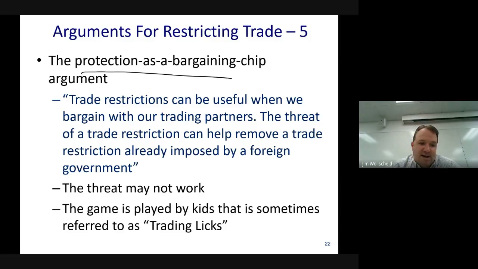And since you don't like that I'm doing that with you, we have this back and forth of no one's going to trade with anyone. We do this a lot. We do this through what sometimes they refer to as sanctions. Now, this protection as a bargaining chip, as a way to do international business, is a game I typically refer to as trading licks.